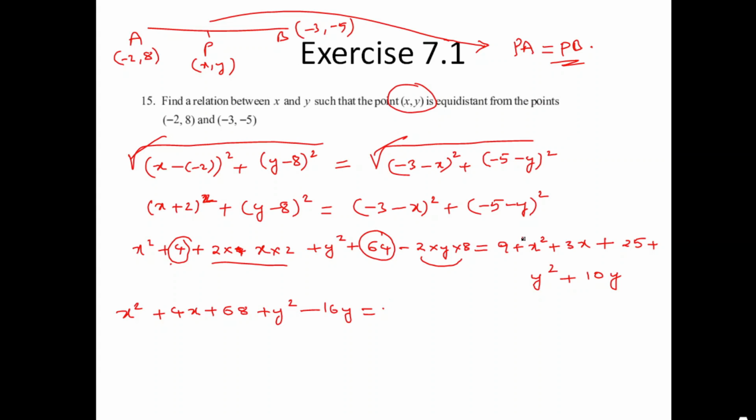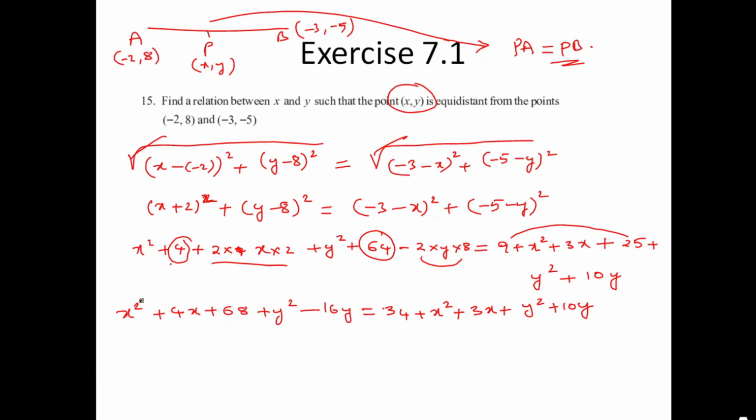Now if you look over here, I can add up these numbers directly, right? So I'll get here how much? I'll get here 34 plus x square plus 3x plus y square plus 10y. See, you just need to form an equation. Okay, that's it. No need to find the values of x and y.